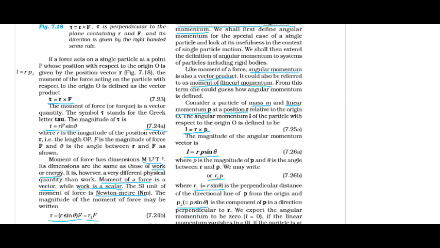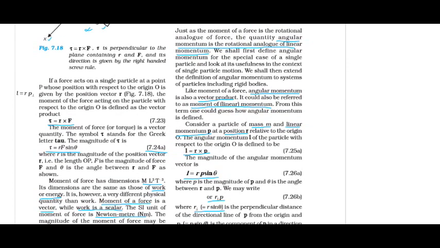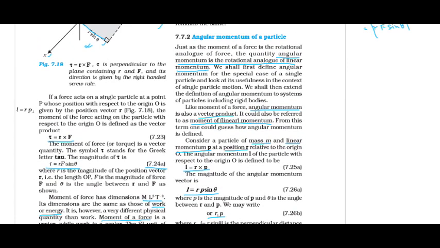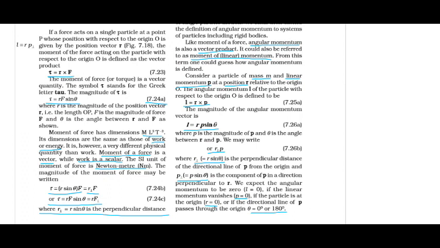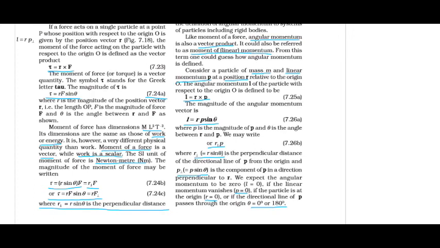Next we studied angular momentum of a particle. Here we derived an equation for angular momentum: angular momentum is the vector product, or cross product, of the position vector r and linear momentum p.